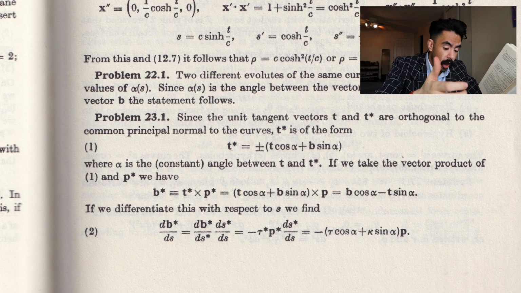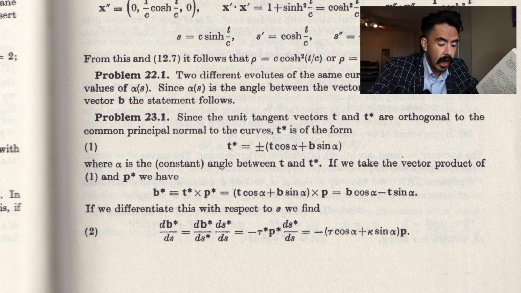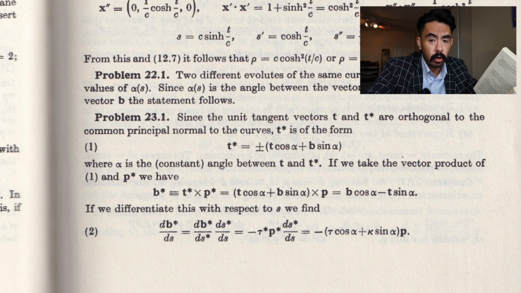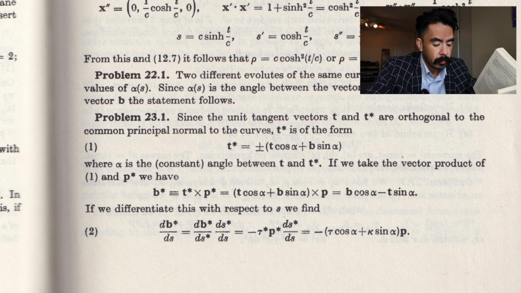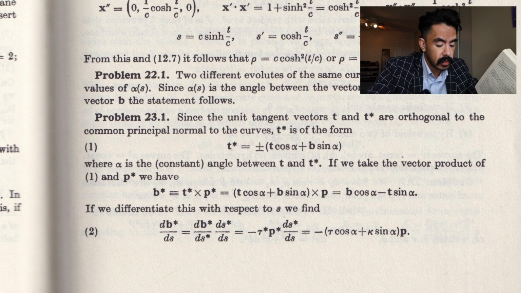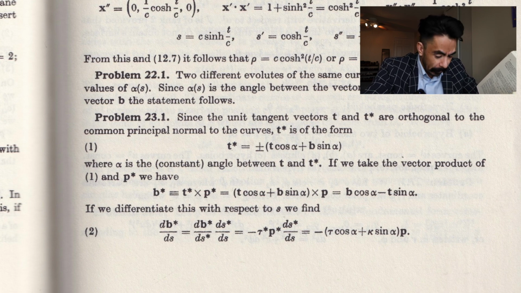If we take the vector product of this relation for t star and p star, we have that the binormal vector b star is given by the cross product of t star with p star, which is equal to the quantity vector t times cosine of alpha plus vector b times sine of alpha, closed quantity, cross product with vector p, which is equal to vector b times cosine of alpha minus vector t times sine of alpha.